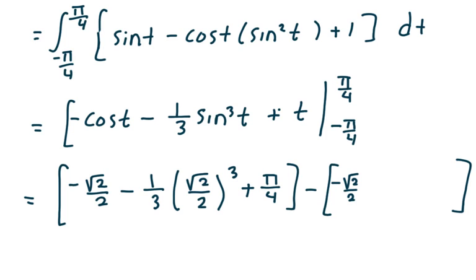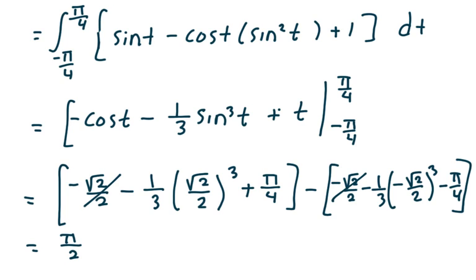So I'm going to get minus a third times negative square root of 2 over 2 to the third minus pi over 4. Now, pi over 4 minus a negative pi over 4 is pi over 2. And then negative square root of 2 over 2 plus square root of 2 over 2, these terms cancel.